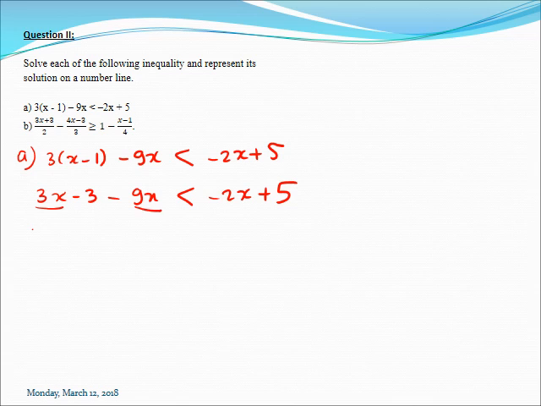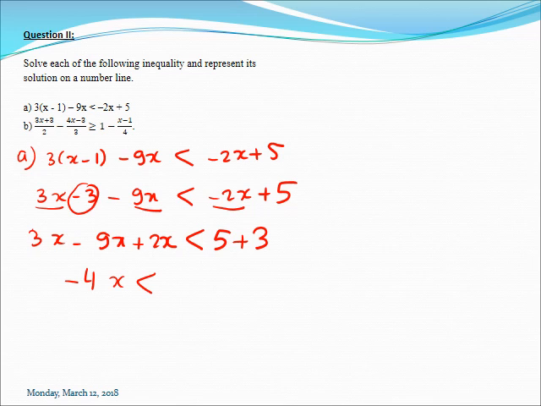X alone and numbers alone. 3x minus 9x minus 2x becomes here 2x less than 5 minus 3, here becomes plus 3 here. 3 plus 2, 5 minus 9 minus 4x less than 5 plus 3, 8.